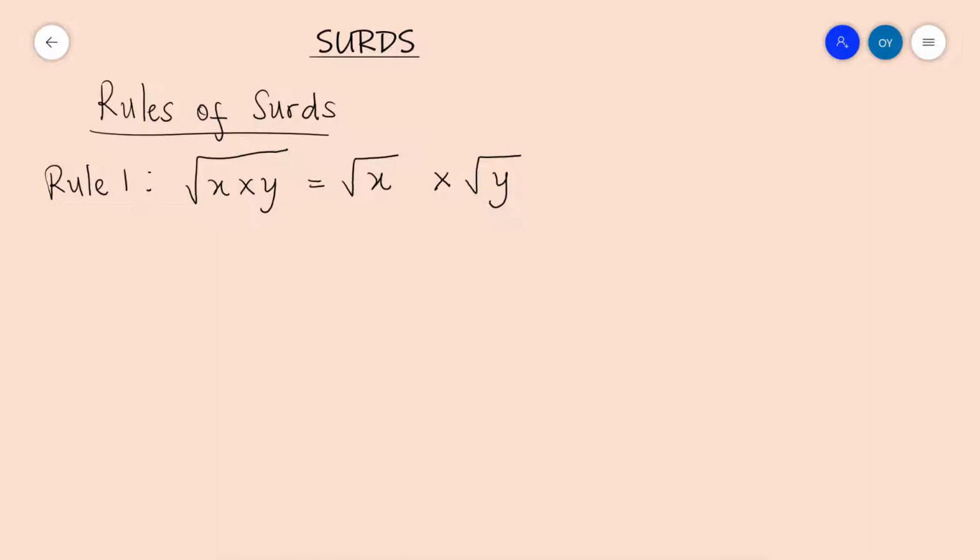An example here is the square root of 32. The square root of 32 can be written as the square root of 16 multiplied by 2. This is because 32 is 16 times 2, where 16 is the highest perfect square.